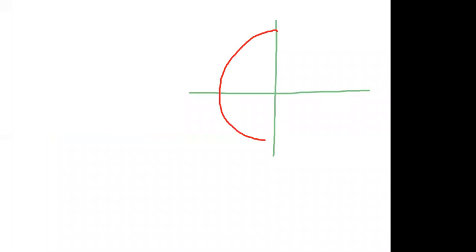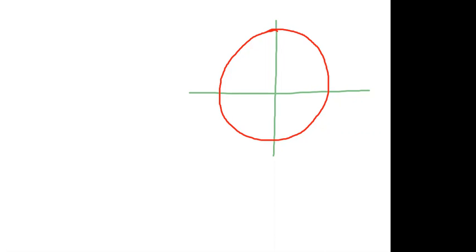So let us make this circle. This is the circle. We are able to see its center is at (0, 0) and its radius is 2. So the radius of the circle is 2.